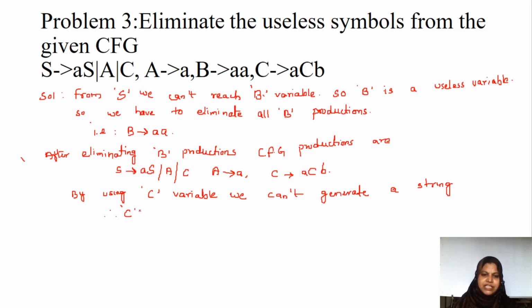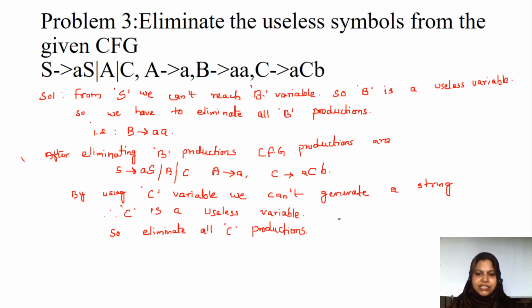So eliminate all C productions. What are the C productions here? S tends to C is one production, and C tends to ACB is another production.